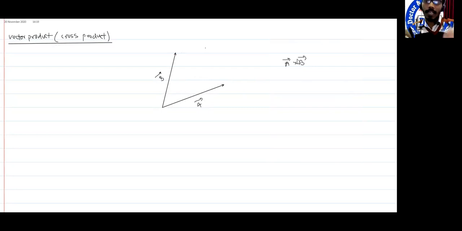Last class we also multiplied vectors, but that time we got a scalar quantity. When we multiply two vectors that way, we get a scalar quantity, like work. But in this case, we get a vector quantity.